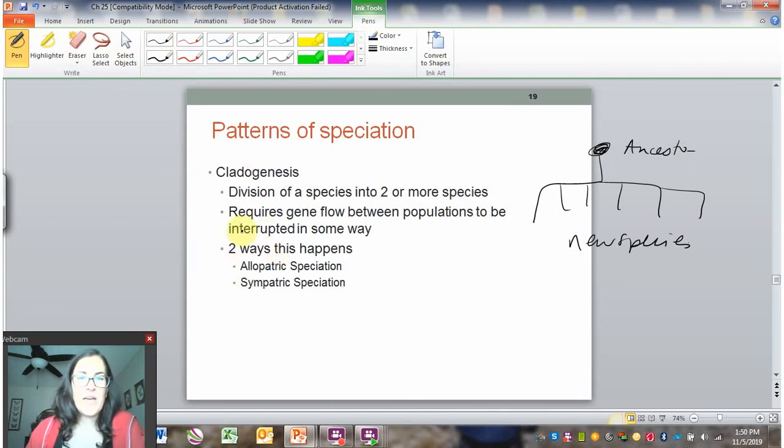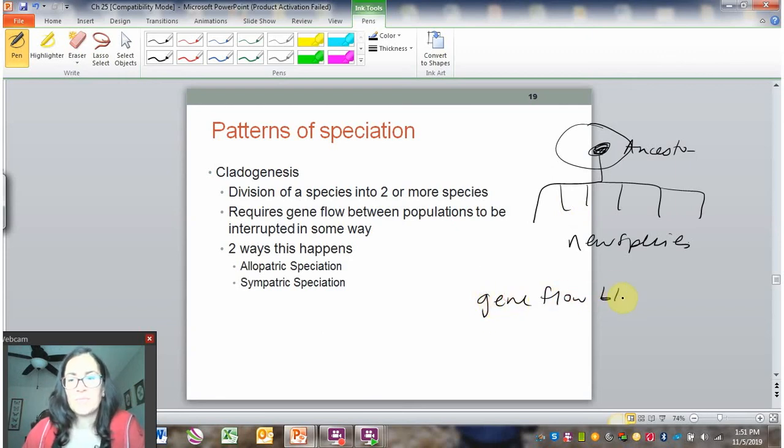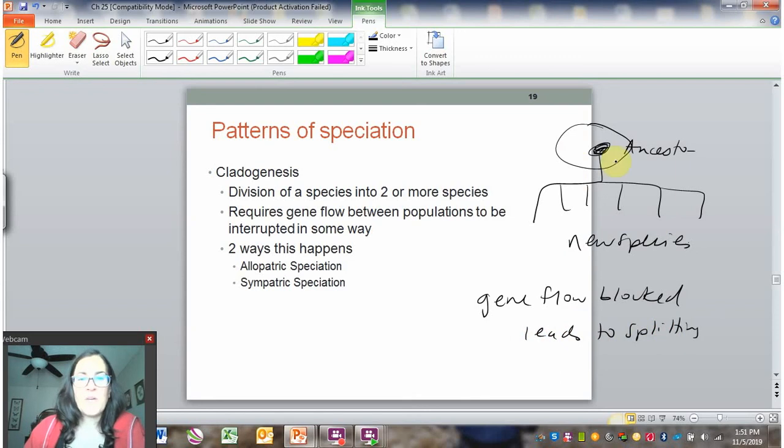In order for cladogenesis to occur, something had to happen to this ancestor that stimulated it to become two new species, or 3 or 4 or 5 or 6 new species. And so this is some kind of initiating factor that splits it into different species. And this involves the block of gene flow. In other words, we have a population, that's the ancestral population.